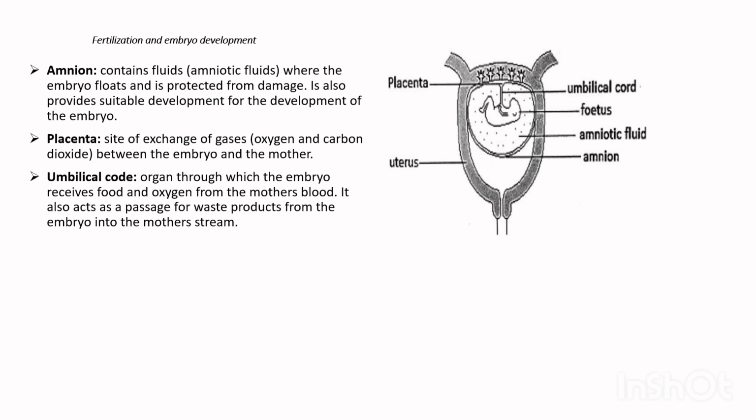Okay, so the amnion, most people confuse amnion and amniotic fluid. Amnion is simply a membrane that surrounds the amniotic fluid. I'll give a practical example for you to understand. Let's say you get a plastic bag and you fill the plastic with water.